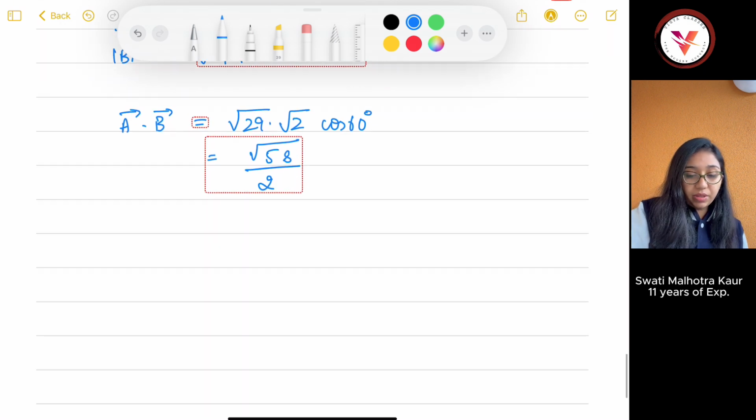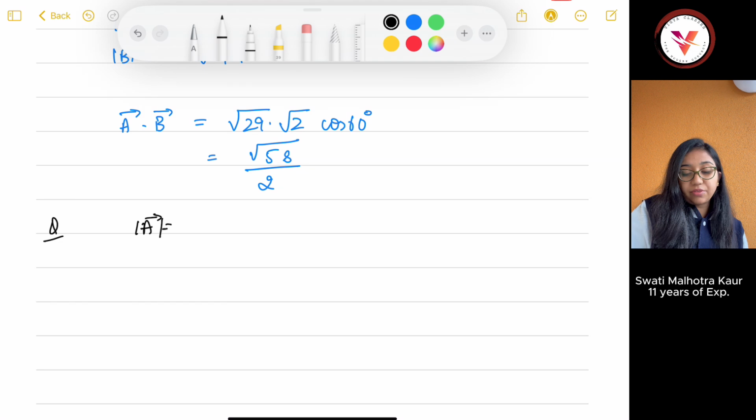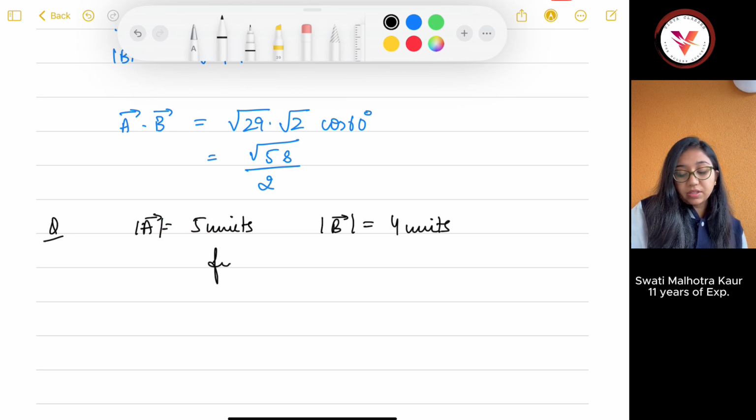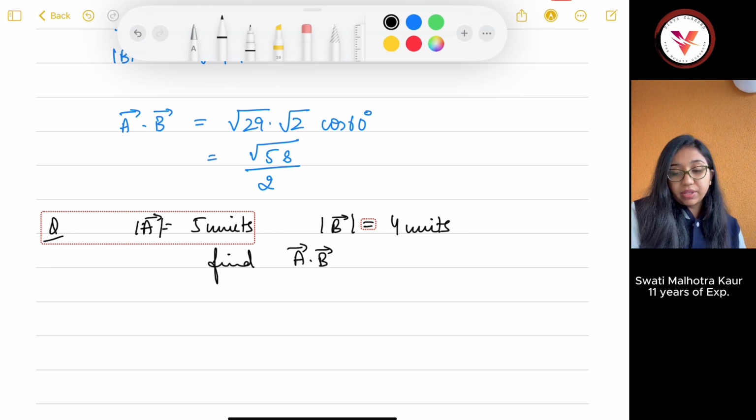Next, you can also be given that the magnitude of A is, let's say, 5 units. Magnitude of B vector is like 4 units, and find A dot B. And theta is like 30 degree.